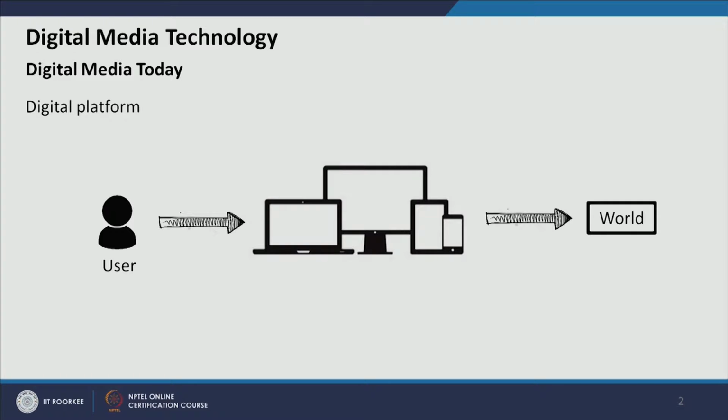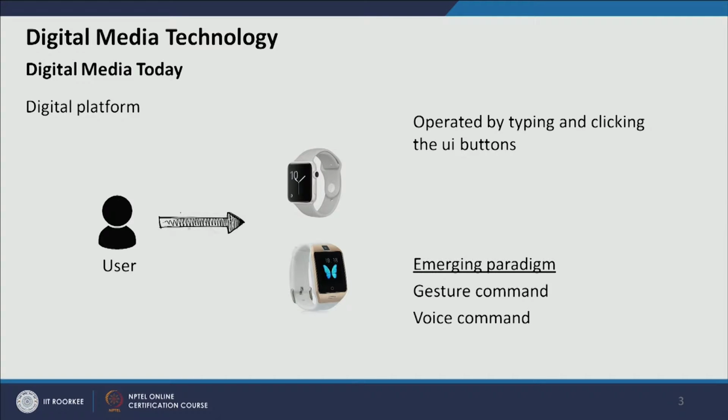Our mobile phone can be connected with our laptops, and even with more wearable, more tangible things like watches, which can take our voice commands and gesture commands. We need to know these things, because initially the command system was typing and clicking, so while designing for voice and gesture commands, we have to design in a different way.